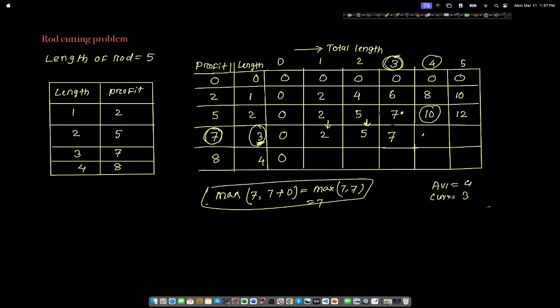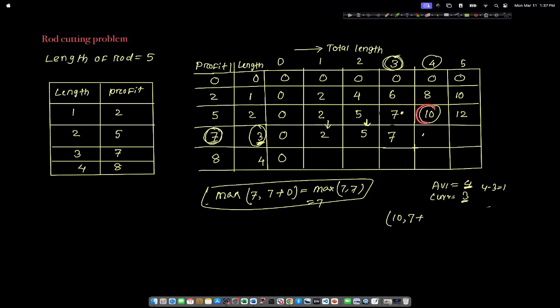Data in the previous cell is 10, comma, the data, that is the cost or the profit due to length 3, this is 7, plus we have available length 4, we have current length 3. If I subtract this current length from the available length, that is 4 minus 3, which is equal to 1, we'll go to the upper cell.